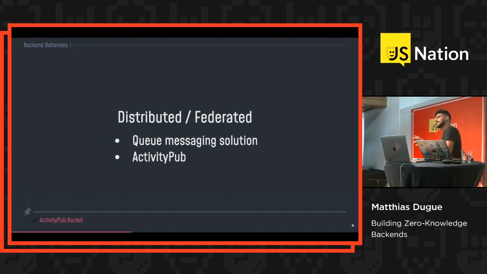If you want to do it in the best possible way, you want to distribute it, or you want to federate it, so you could rely on some message queue solution to distribute it, to scale it, or to rely on ActivityPub to federate some instances of your backends to share the data between the different users.